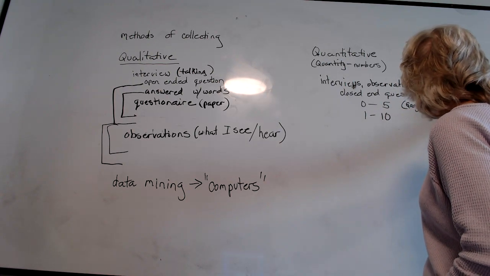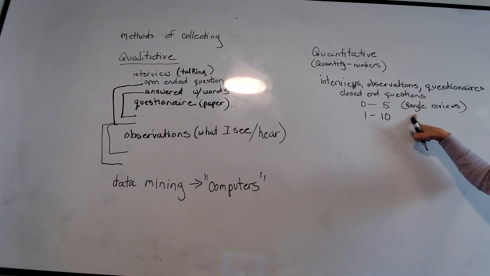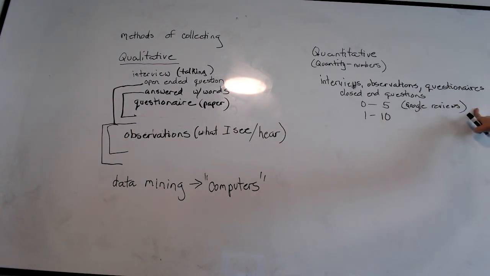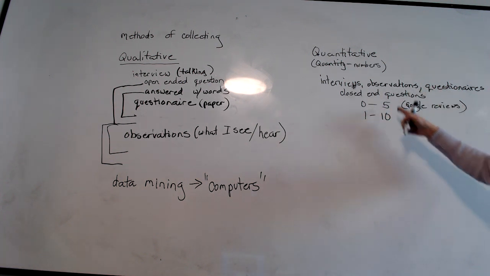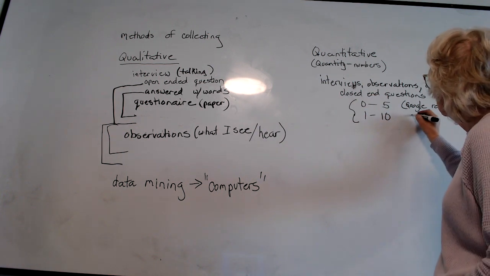People go on there and they give a rating of what they think, where does it fall, and then that comes to be the number you're rating on Google, and people use that. They look up the ratings and say, ooh, this hotel looks better than that hotel because look at how the people rated it. Okay, and so we use those. It is quantitative because it's using numbers and they can average it. So it is quantitative, but it may not be the best way of doing it. Okay, but you can use this type of a scale.